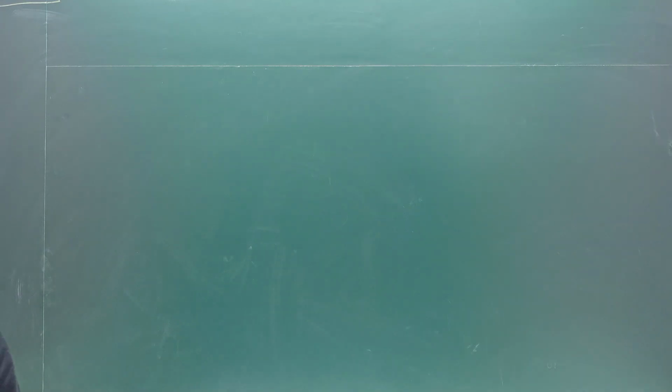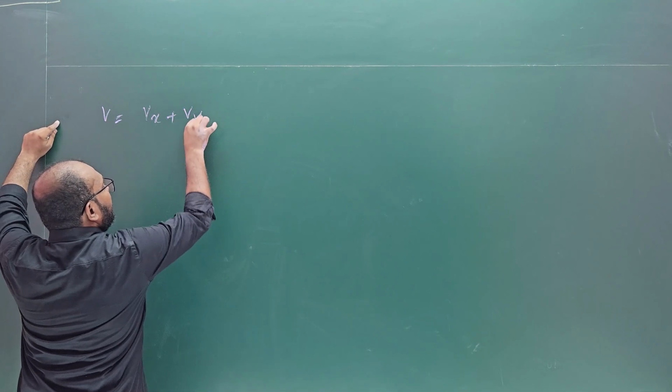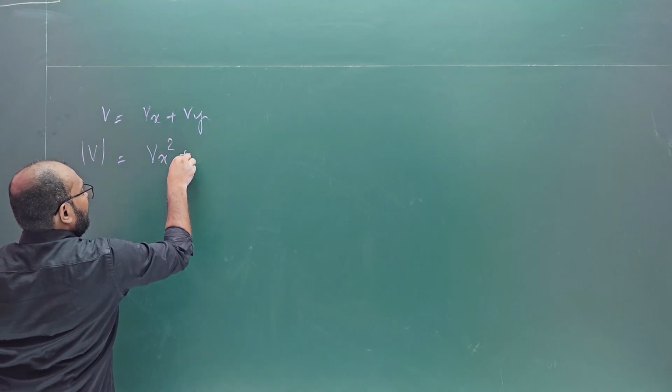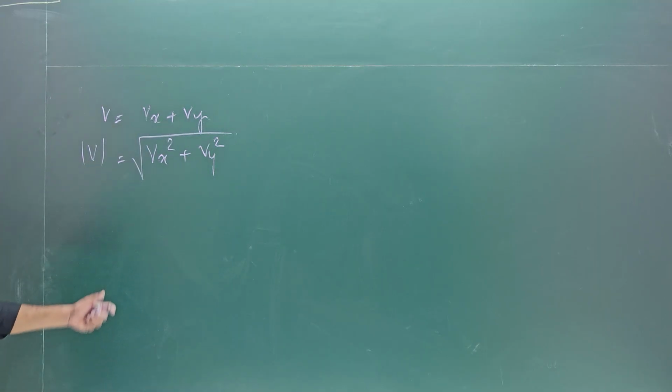Continuing that part, V can be written as Vx plus Vy, and the magnitude can be written as nothing but the square root of Vx squared plus Vy squared. Yes or no? Just now we saw this.